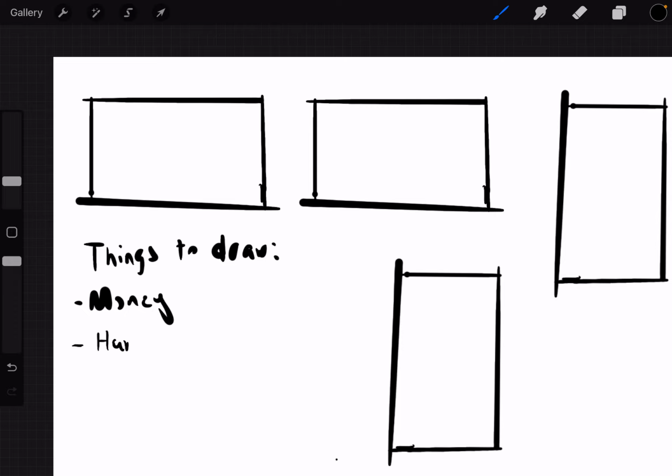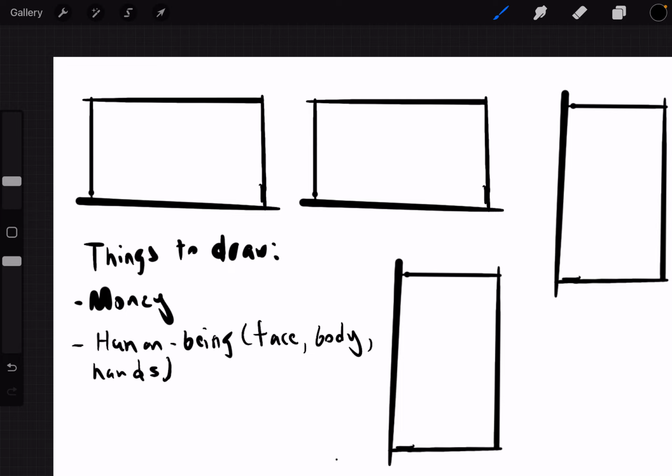So some money, and then one of them could be a human being. Obviously I want you to draw at least a human being in this drawing, whether it's the face or body. I think hands would be really good for money, because we handle money with hands. You gotta think about that.